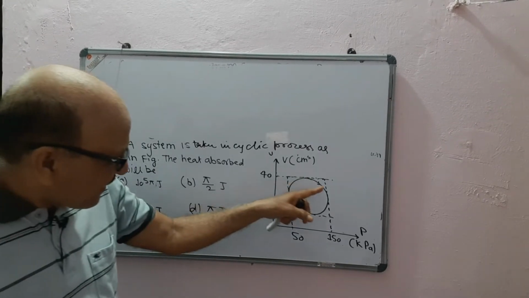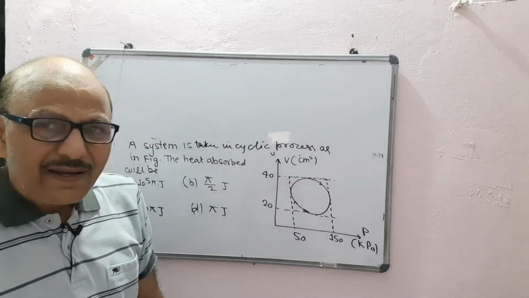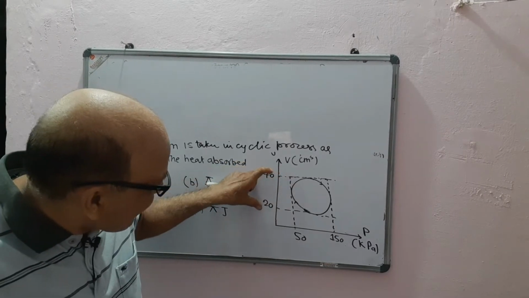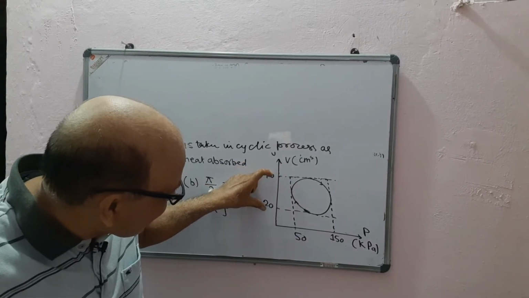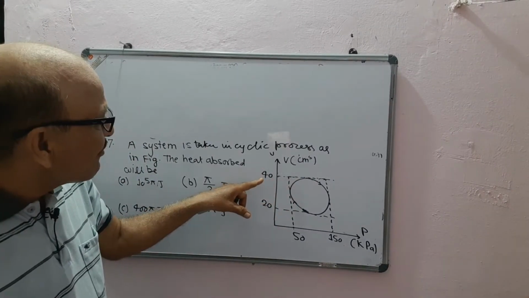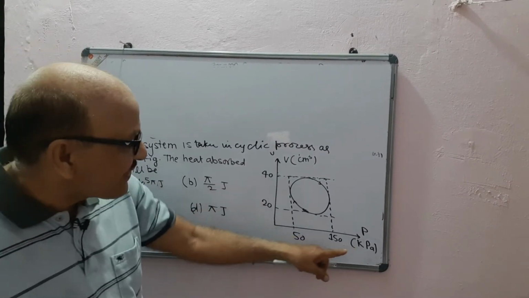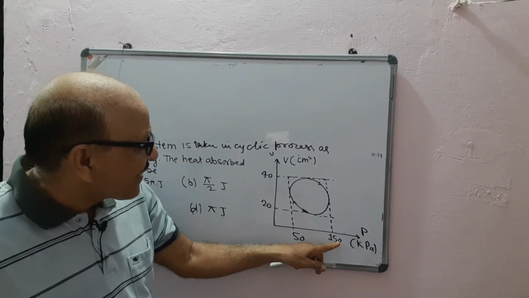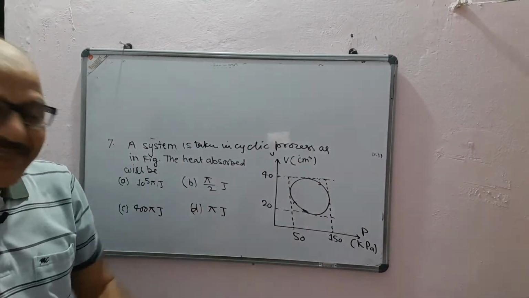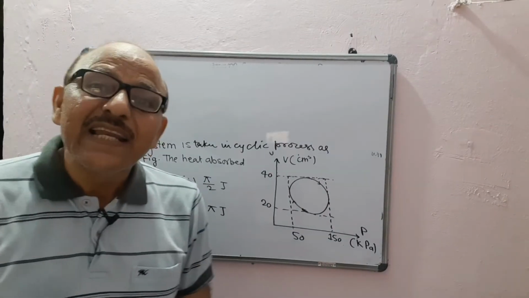Now, the area of this circle will give the work done, but along the volume axis its height is 40 minus 20, that is 20, and along the pressure axis its height is 150 minus 50 units. So the radius is not uniform and the circle will be an ellipse.